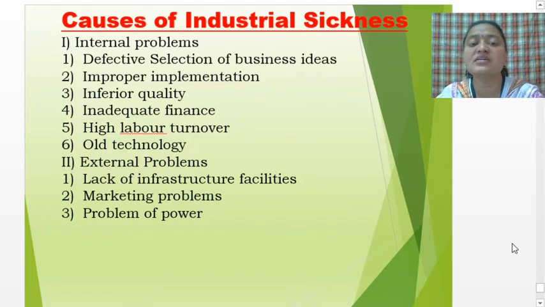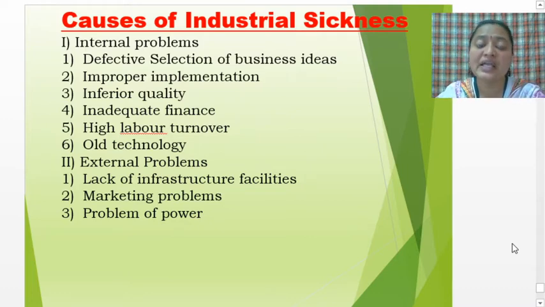That is defective selection of business idea. There should be a proper selection of ideas in the business. If they choose wrong ideas or wrong methods, the industry will suffer loss.